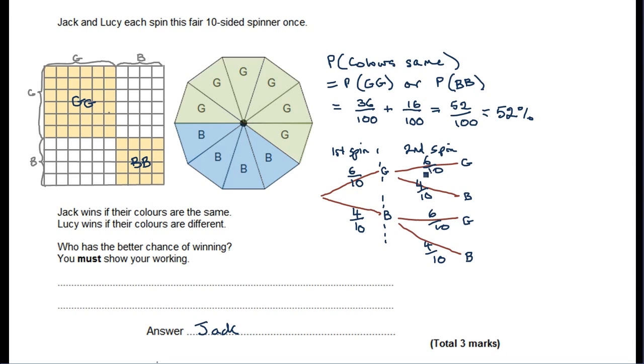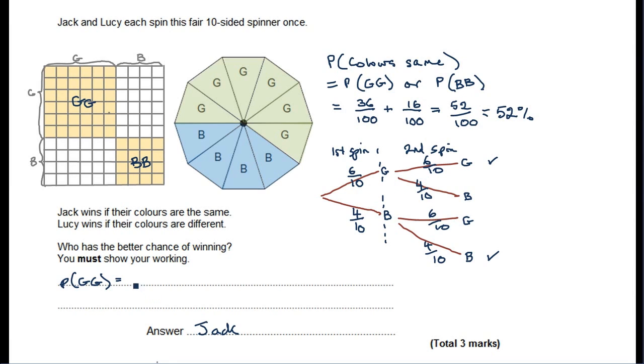So we know that the outcomes that we want for Jack are green, green, which is here, or blue, blue. So again, we've got the probability of green, green or the probability of blue, blue. Now all we need to do is our calculations, and we can use these lines here. So we've got probability of green, green.